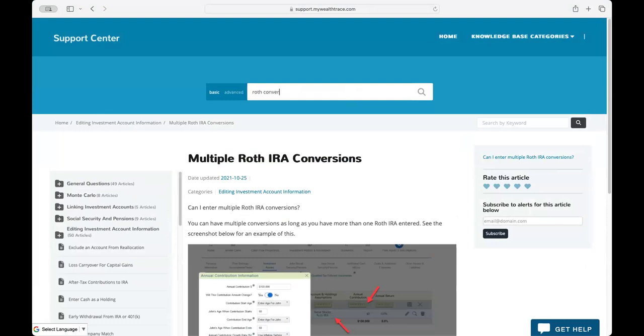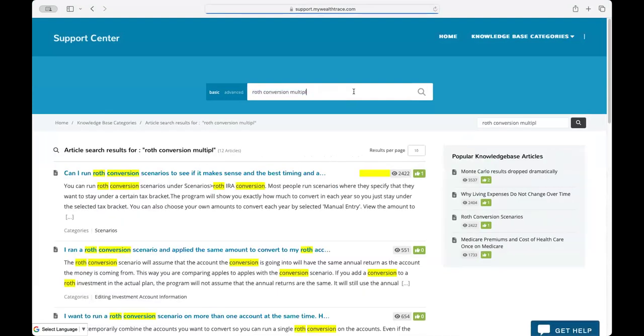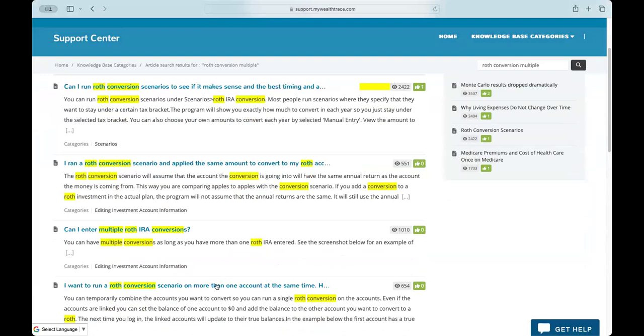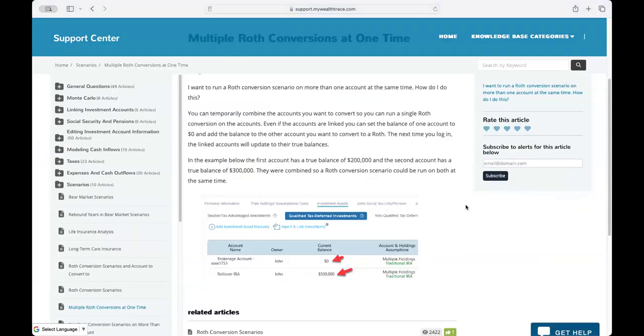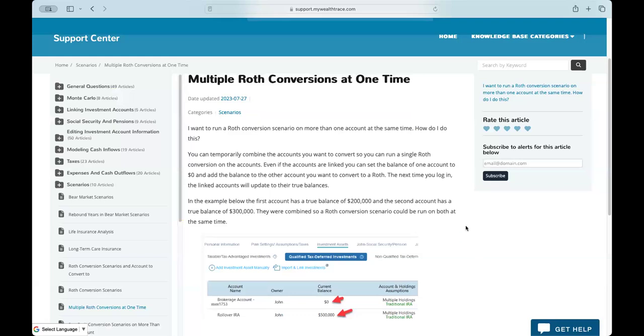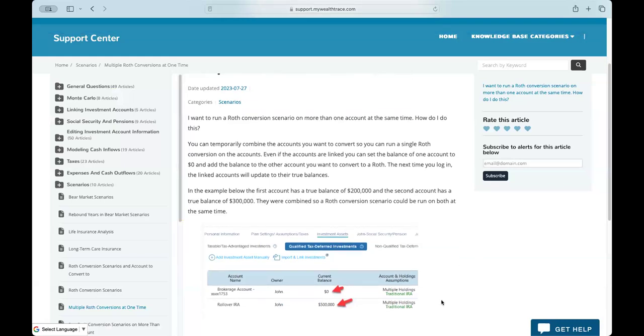Hold on. There we go. So this is the one that you can take a look at, and it'll show you how to do that. Basically, you just combine multiple accounts into one account temporarily, and then you can run the conversion on that one account instead.